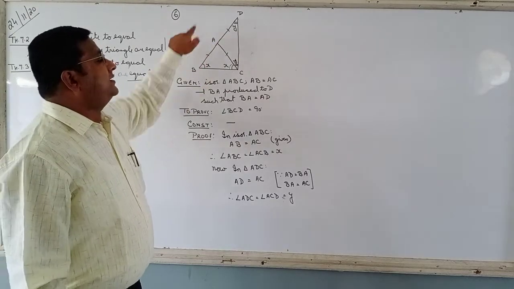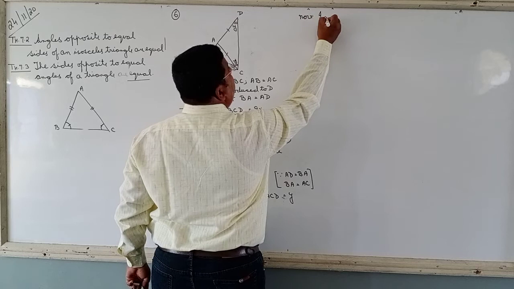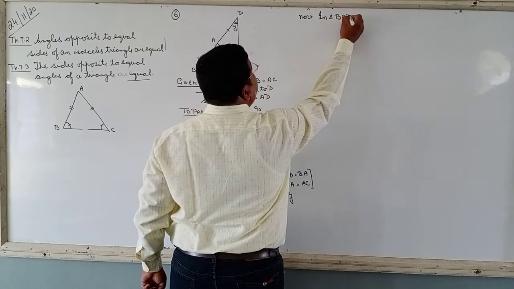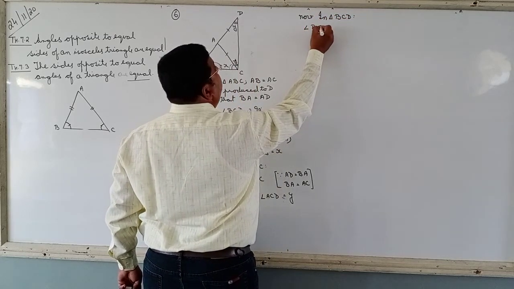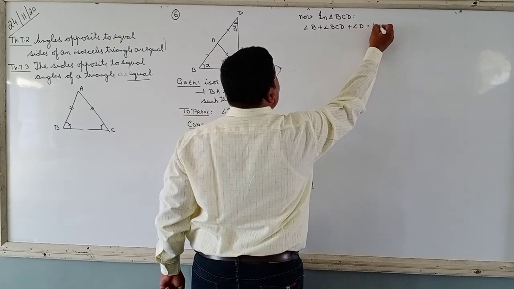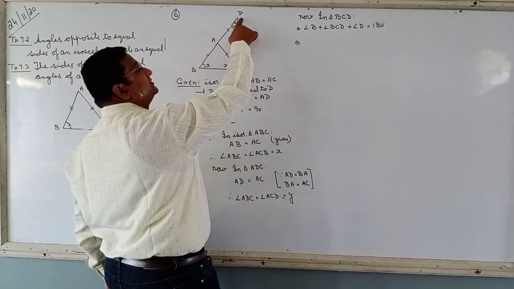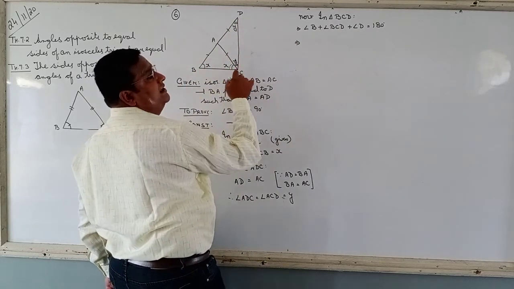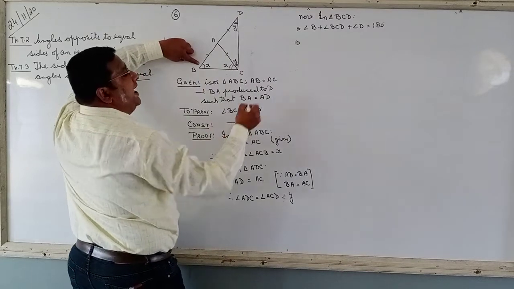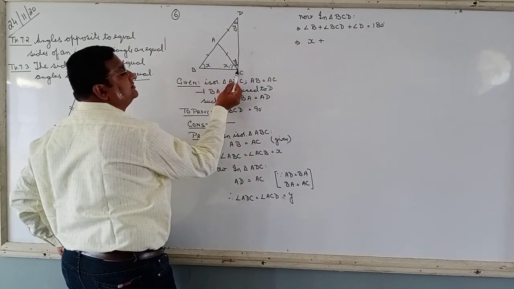What is the sum of angles in a triangle? In triangle BCD, angle B plus angle BCD plus angle D is equal to 180. How much is angle B? x. How much is angle BCD?